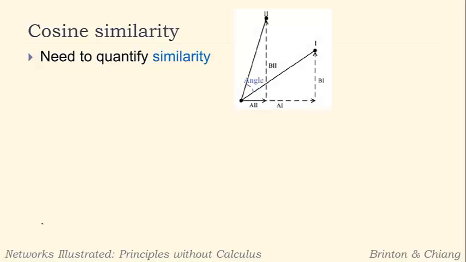Okay, so now suppose you took each of these movies, movie 1 and movie 2, and we plotted the ratings for the movies for different users. We have one user, A, coming along this way, and another user, B, coming along this way.